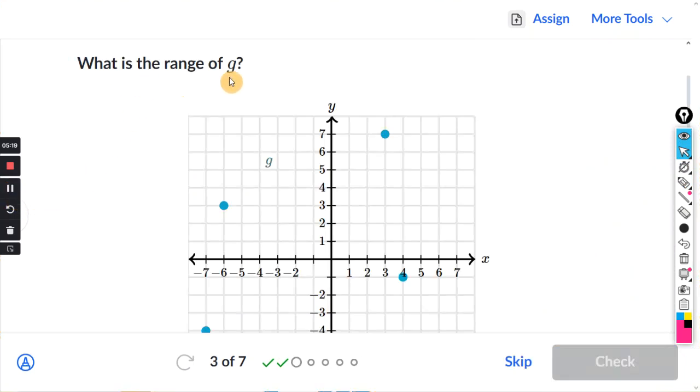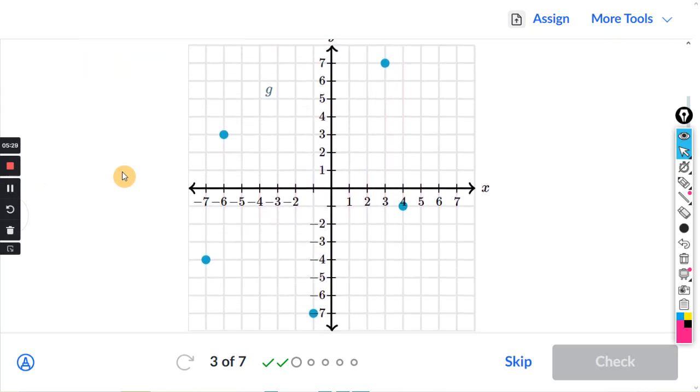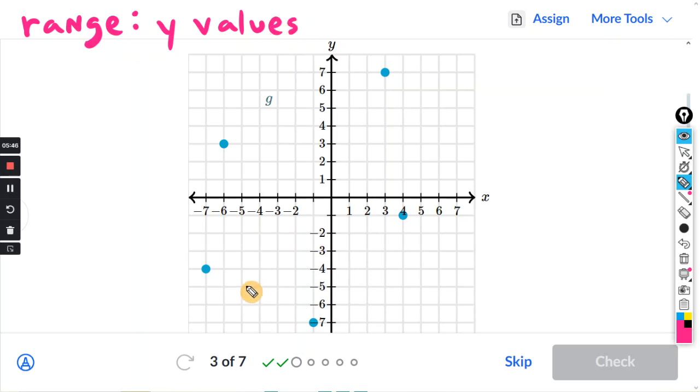All right, here they're asking what is the range of g, and the function g is just dots here, or points. This is not continuous. But anyway, we said the range are the y values. And these are just individual y values. These are not continuous.